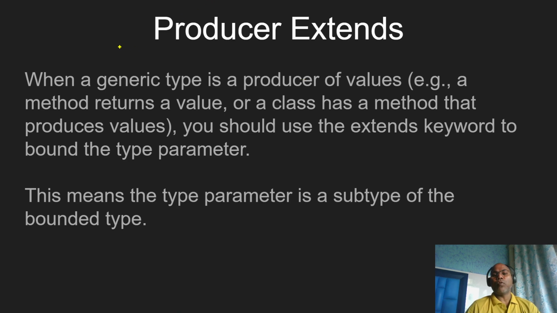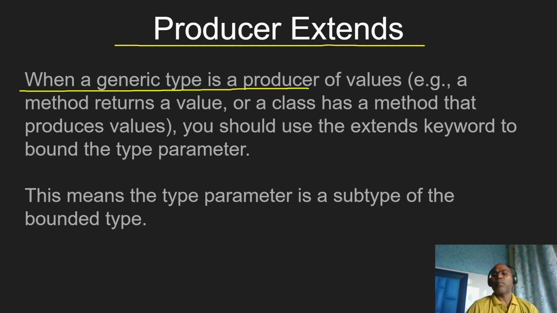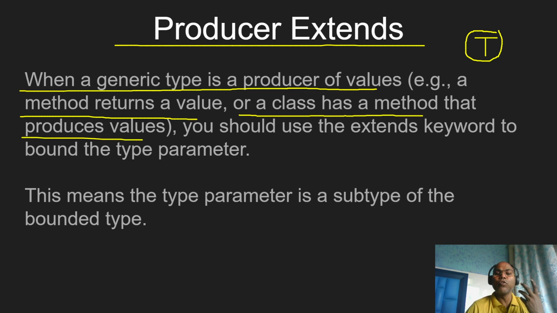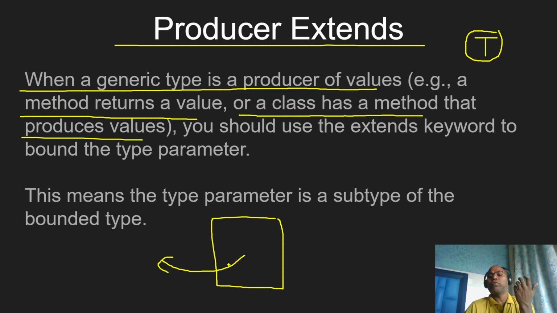So for example, producer extend. That means when a generic type is producing a value, we are going to define one type T, and this type T is returned by a method, or a class has a method that produces a value. So whenever you are defining any generic class or any generic methods that are returning values, that means they are producing values, they are generating values.